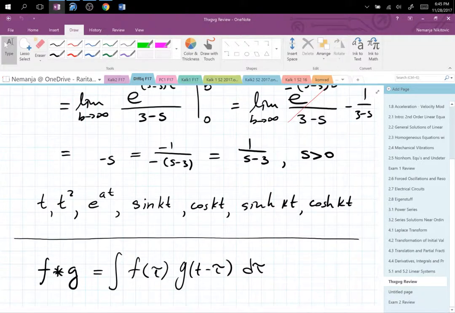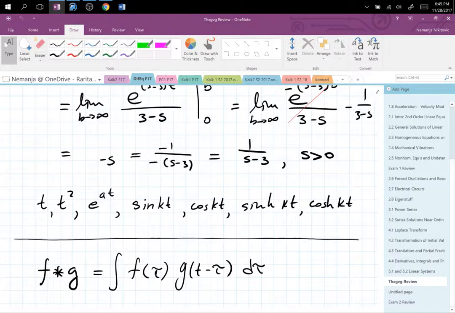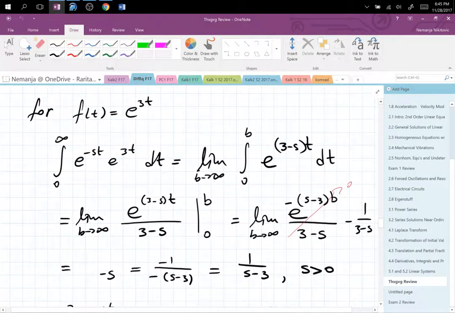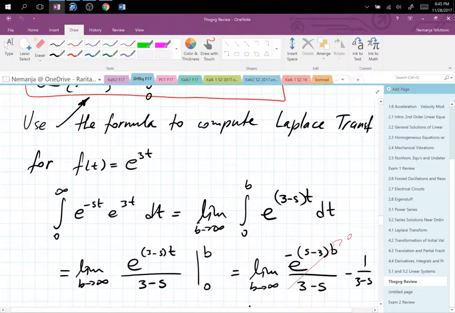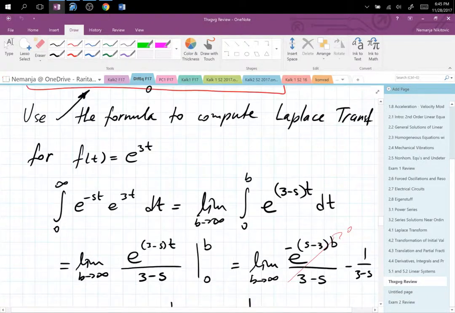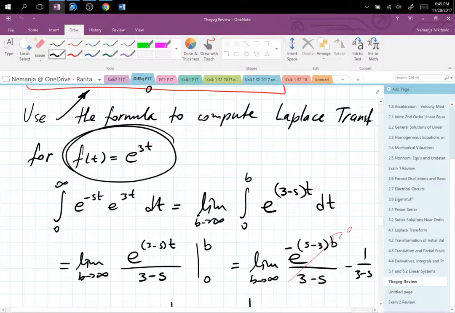So these are the ones that you have to be able to compute by hand using the formula. I computed, so this is all posted. You can go look it up, whether it's a video or just the notes. So the requirement was to find the Laplace transform of e to the 3t.